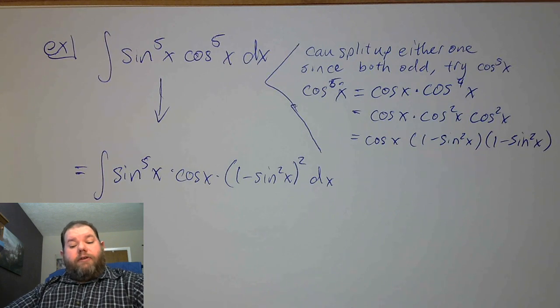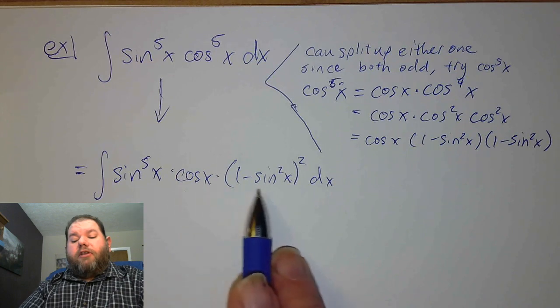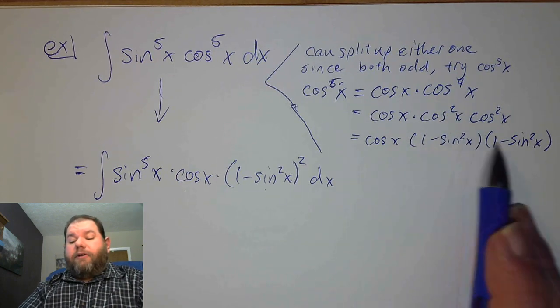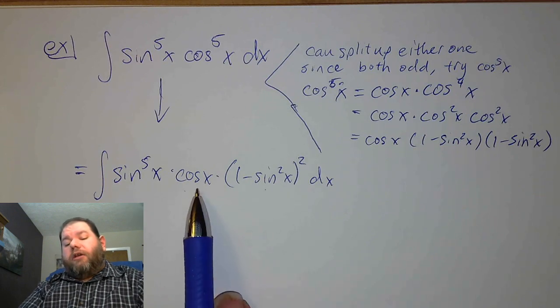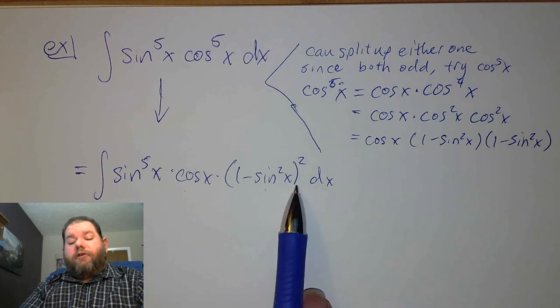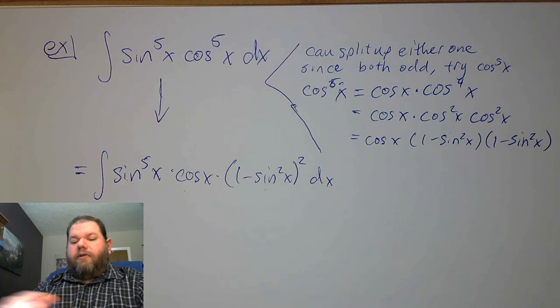Again, our reasoning is by leaving off this one term of the cosine and then changing the rest into sines, sine squares specifically, it makes every single term in this integral a sine term, sine to a power, except for a single cosine term by itself.